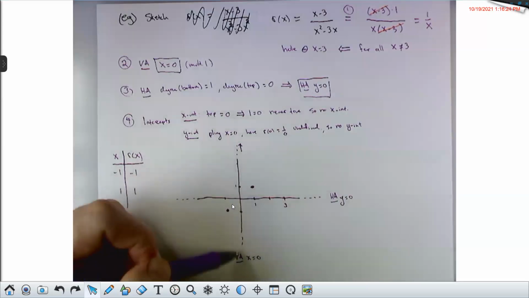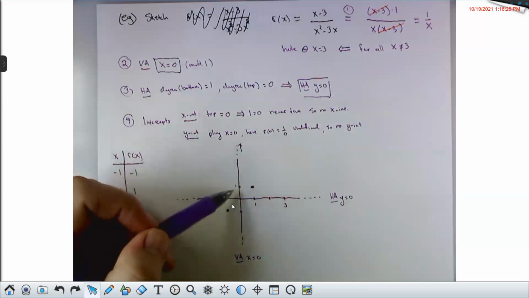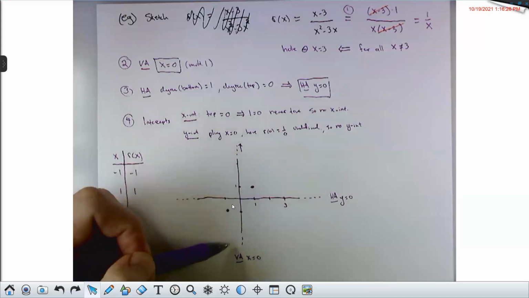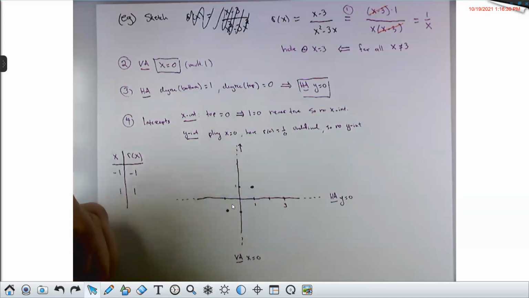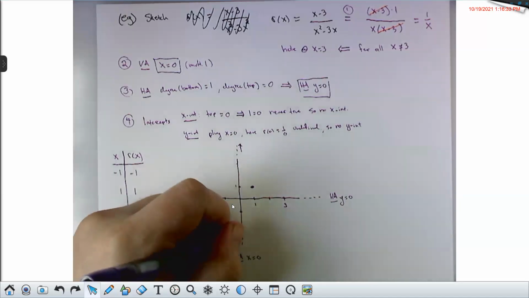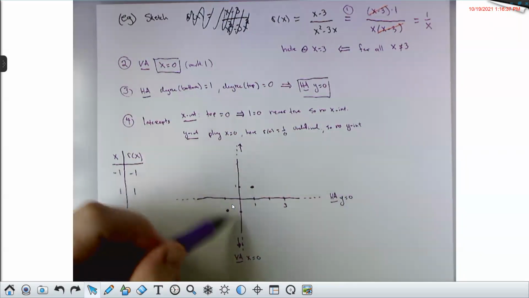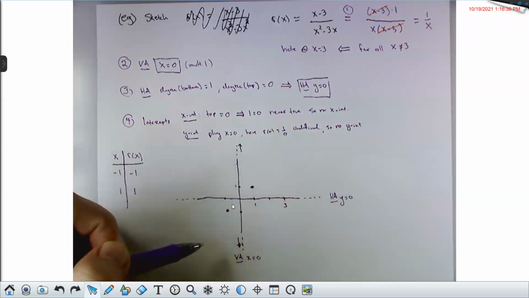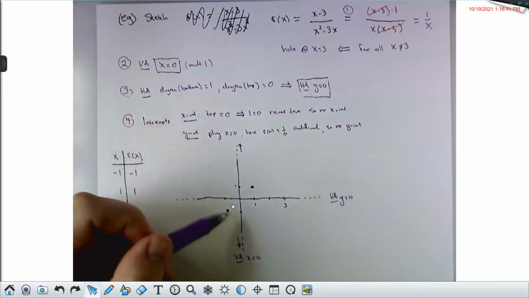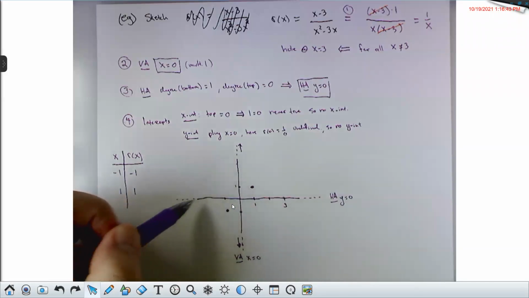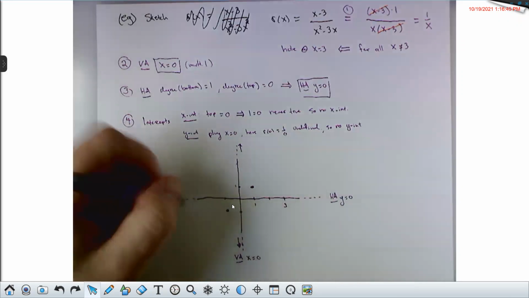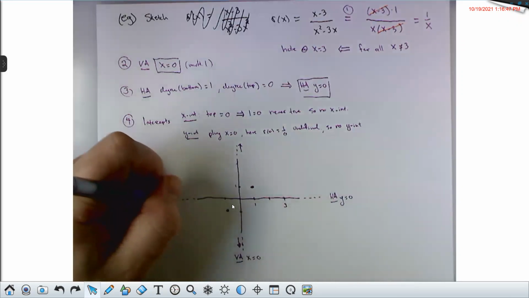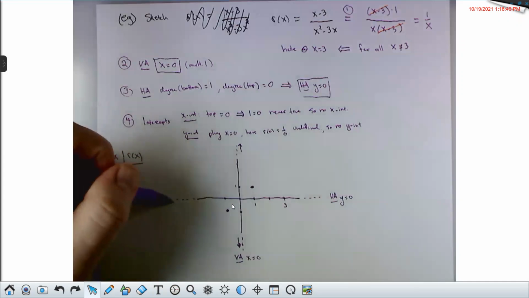Now, because this is an odd multiplicity vertical asymptote, will I be going up on the left or down on the left? Down on the left, right? Because we have to change sign because it's an odd multiplicity thing. We also could have figured that out from this. Now, because this point is negative and there are no x-intercepts over here, am I going to approach this horizontal asymptote from below or from above?